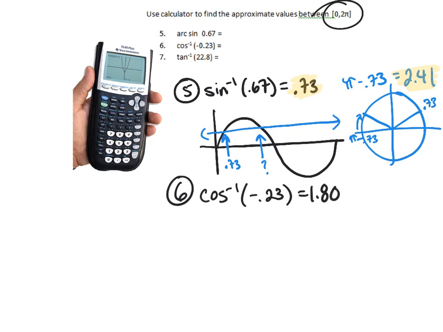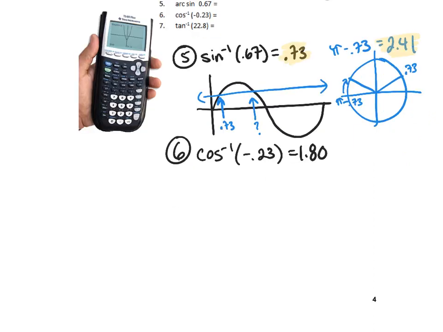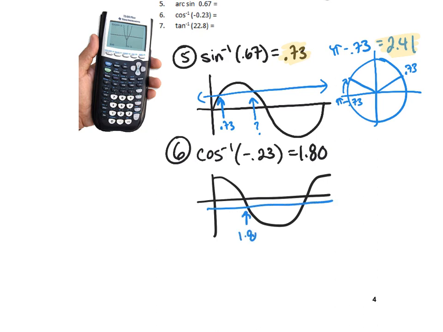And we're supposed to find the second one. Again, I can graph this two different ways. So I've got cosine. That looks like that. And I've got -0.23. Let's say it's right here. So they intersect here at 1.8. How do I figure out this one?